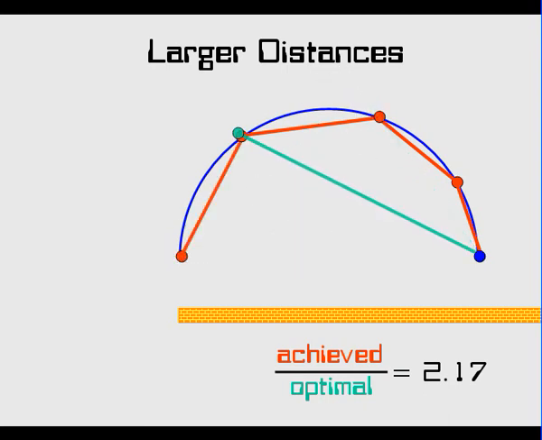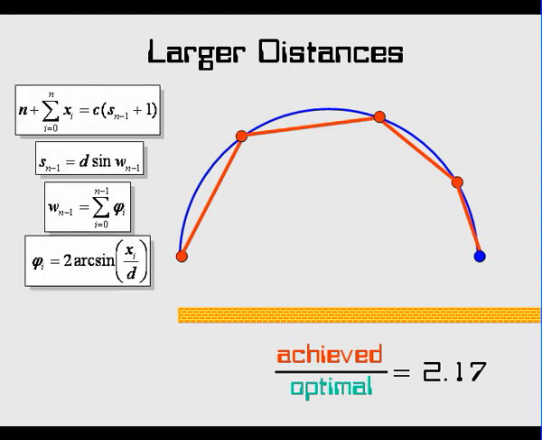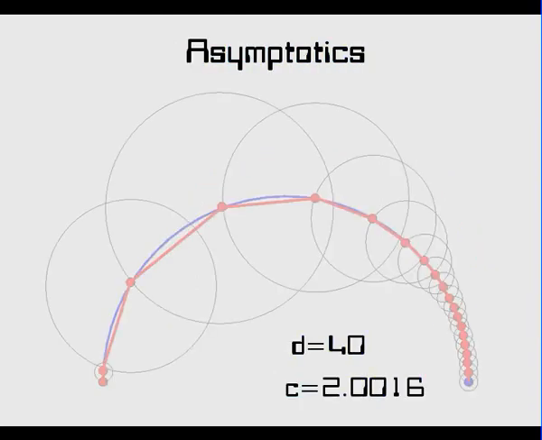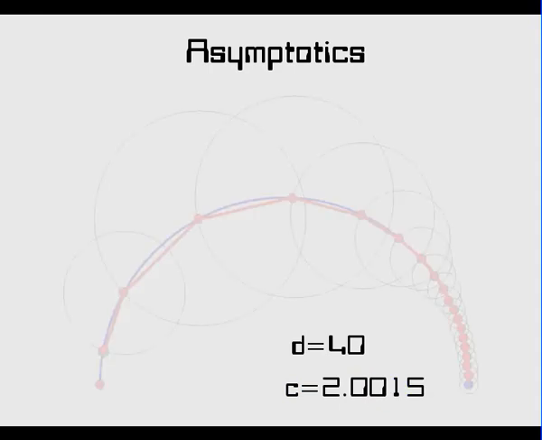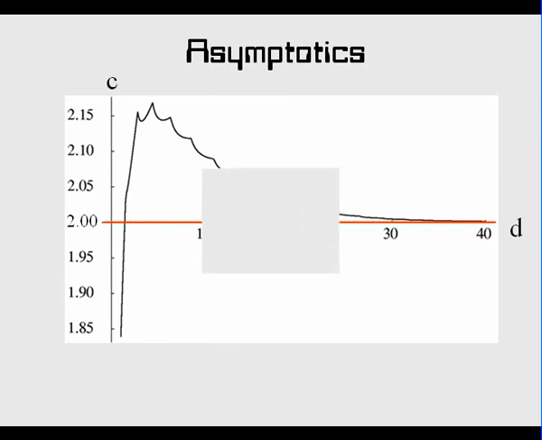The whole recursion can be evaluated by a few lines of C code. In the case shown, the result is still close to the optimum with a ratio near 2.12. As it turns out, the competitive ratio tends to 2 for even larger distances. There is a matching lower bound for all strategies, so ours is asymptotically optimal.